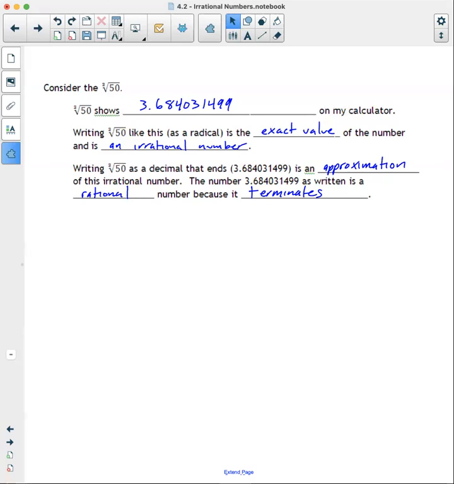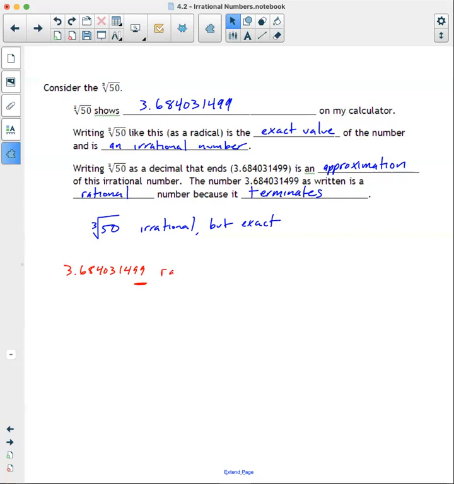Okay, so just to summarize, the cube root of 50 is irrational, but exact. Okay, once we put that into our calculator and we get 3.684031499, because that last digit is rounded, it is a terminating decimal now.